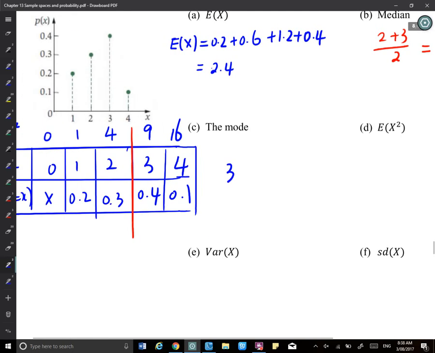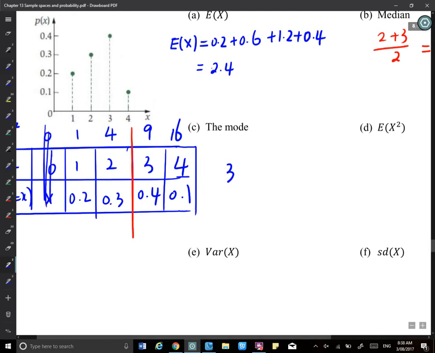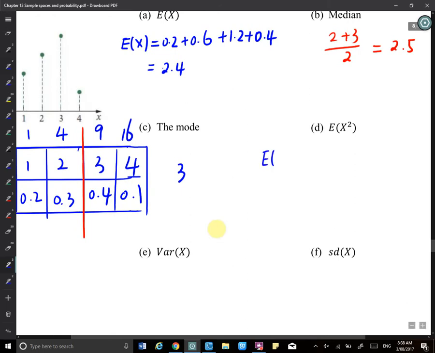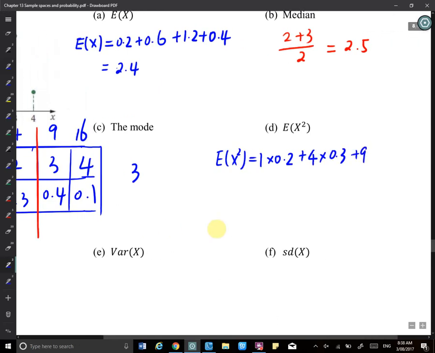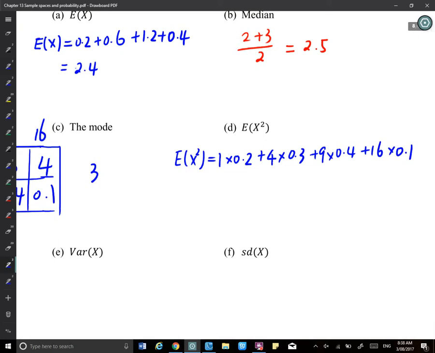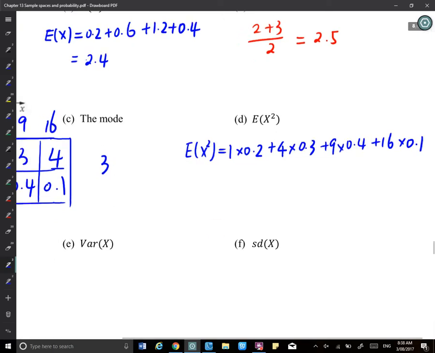So expected x squared is 1 times 0.2 plus 4 times 0.3 plus 9 times 0.4 plus 16 times 0.1, which is the x squared value times the probability of x.